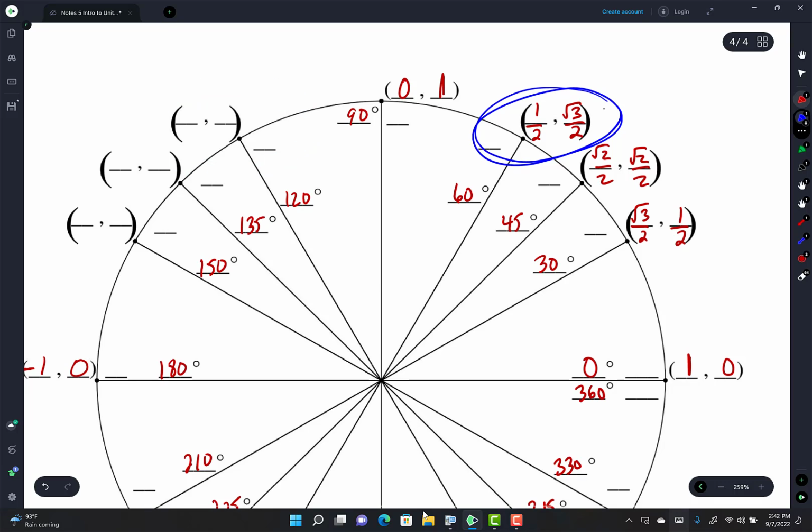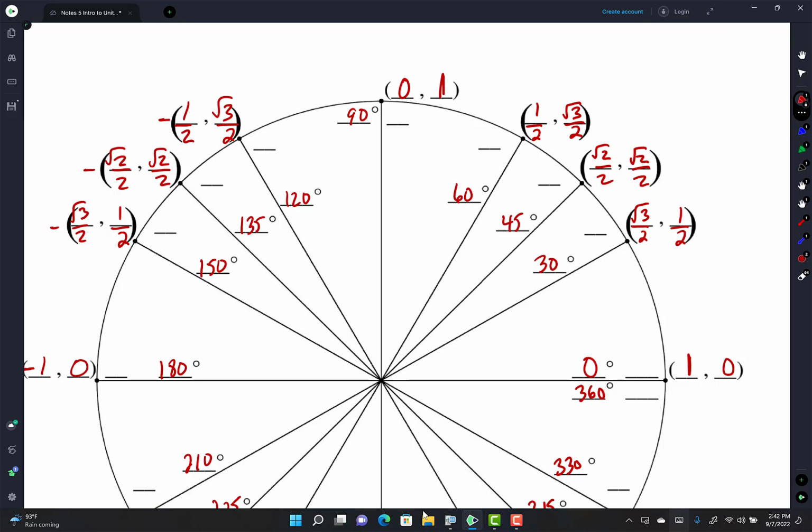So all you're going to do is transfer the magnitude, make sure that the x value is negative. Negative 1/2, positive square root of 3 over 2. Do the same with the other coordinates, guys. Negative square root of 2 over 2, square root of 2 over 2. Negative square root of 3 over 2, positive 1/2. Yay or nay?